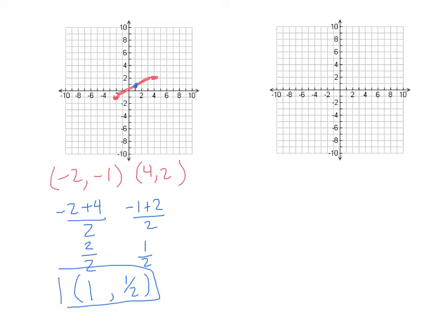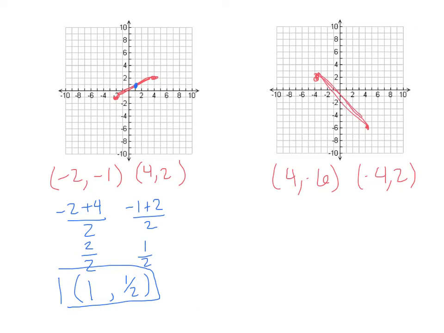And again, you can use the table method to do these things too. So I'm going to show you the table method in another example. So let's use the point 4, -6 and the point -4, 2. I'm going to put those on my grid. Again, you don't actually need the grid at this point, but you can certainly use it because it's helpful in visualizing what's going on.